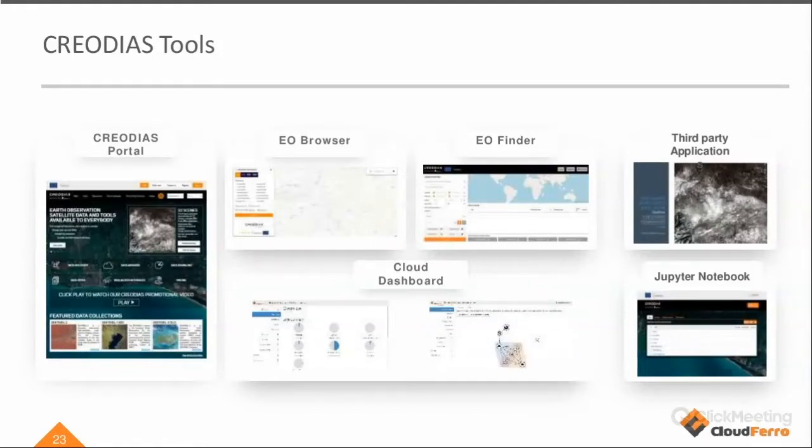You can compare here datasets gathered at different times. So you can see what the differences are between the gathered datasets. Also, here you can have access to Cloud Dashboard, to third-party applications, and also to Jupyter Notebook. So in a minute, I will show you shortly how those tools work.